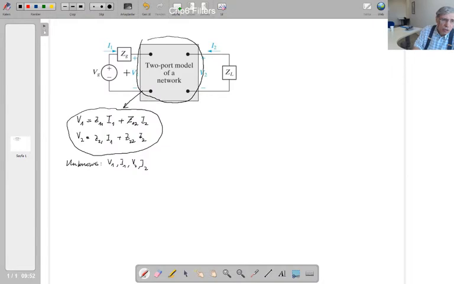We are going to write one of them from the left-hand side part of this circuit and the second one from the second part. For the first one, I write the Kirchhoff voltage law equation.